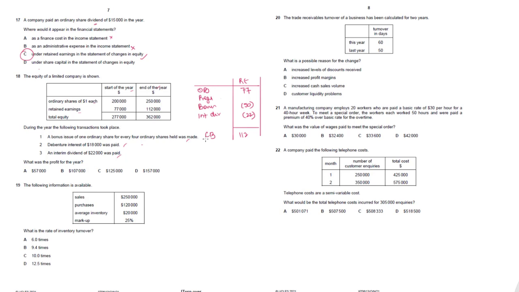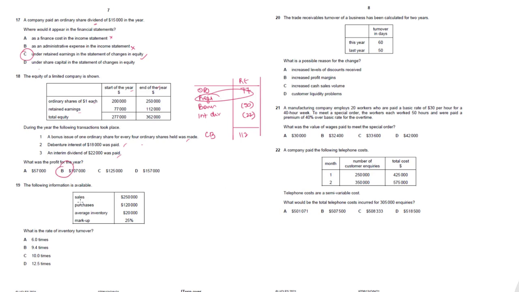So minus 22. Debenture interest doesn't appear in the retained earnings section. So now we just need to calculate profit as the balancing figure. So we could start with 112,000 plus 50 plus 22 minus 77. 107,000 will be the profit for the year.